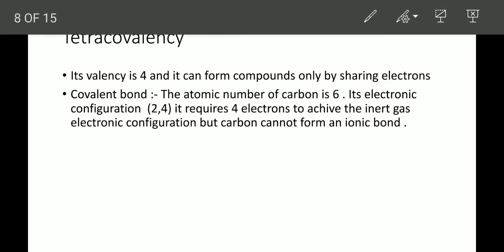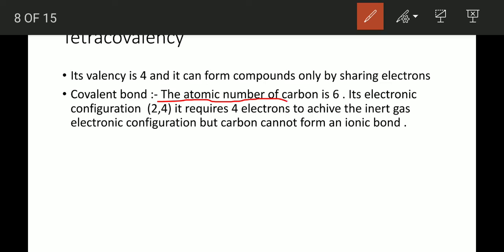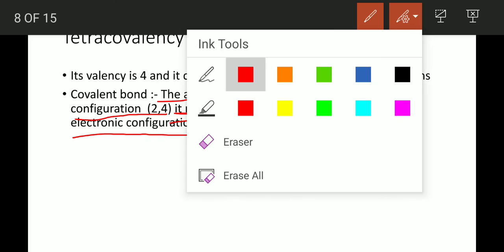Now, the covalent bond. The carbon's atomic number is 6 and its electronic configuration is 2, 4. In the first slide I told you that. This carbon requires 4 electrons to achieve the inert gas electronic configuration. Inert gas electronic configuration means stable. But carbon cannot form an ionic bond.